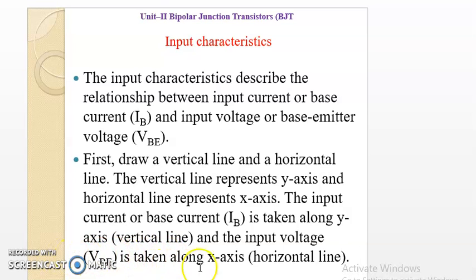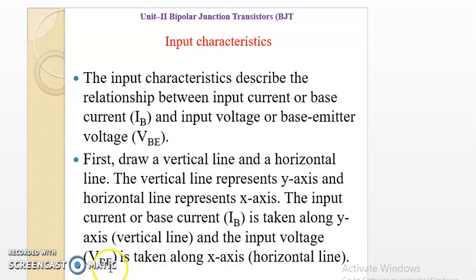You may ask why input current or base current is taken along the y-axis and VBE is taken along the x-axis. But remember that it is customary that the independent quantity is taken along the x-axis, whereas the dependent one is taken along the y-axis.